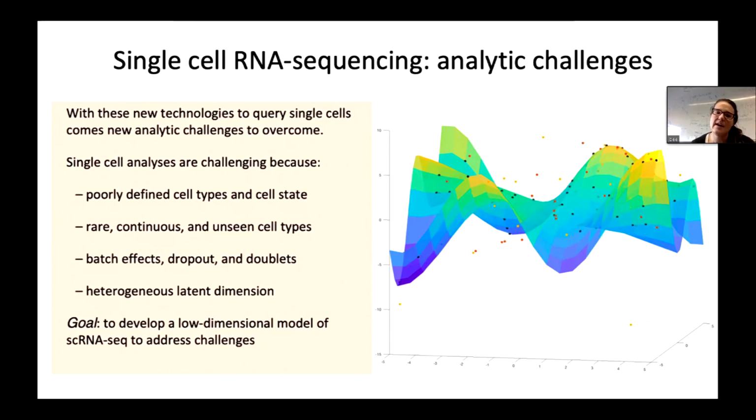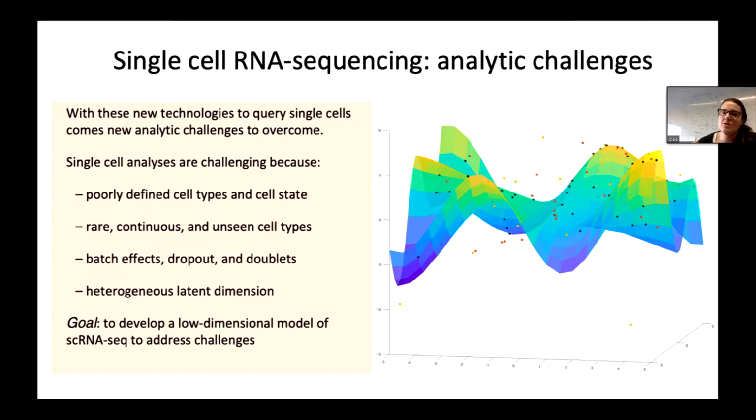And then another thing that I think actually comes up a lot in the data that we've been analyzing is this idea that there's a heterogeneous latent dimension. What that means is that when we think about the complexity of each of the samples that we have, it turns out that it's quite heterogeneous. So for example, if we think about whole blood, or brain, or testis, or thyroid, the complexity of the data, the complexity of just the RNA sequencing, is actually much, much greater in those data sets in our hands than some other cell types and tissue types that we've been analyzing.